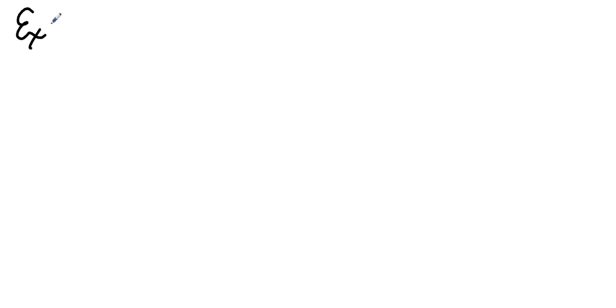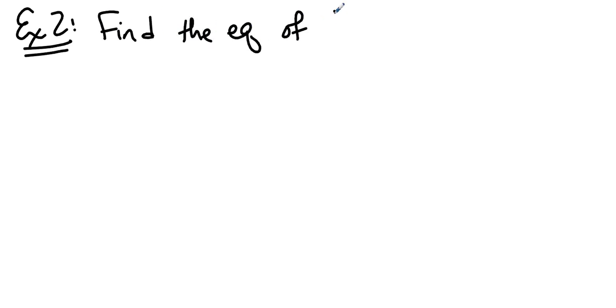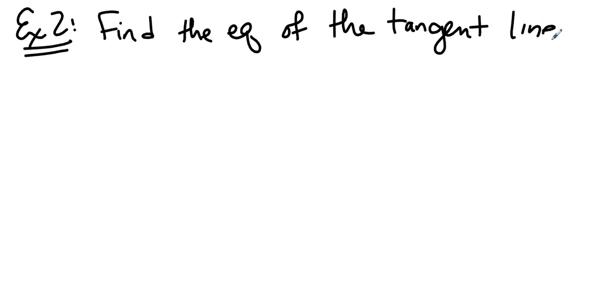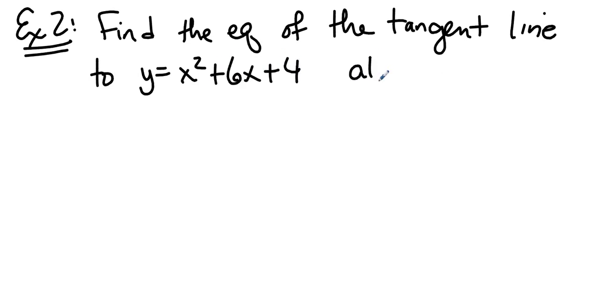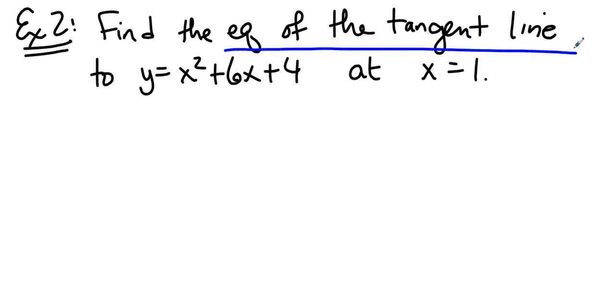One more quick application here. Find the equation of the tangent line to y equals x squared plus 6x plus 4 at x equals 1. We're going to find an equation of a tangent line. That's an equation of a line. How do you find the equation of a line?